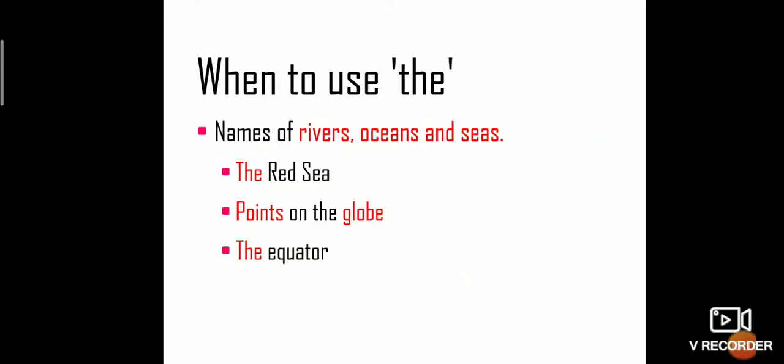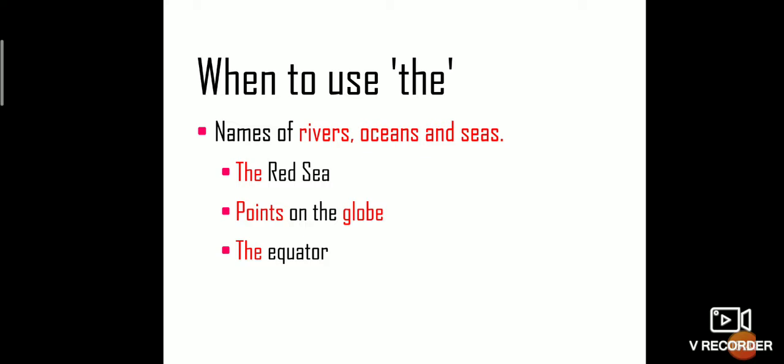Now, there are certain things where we use the, like the names of the rivers, the names of the oceans and seas. So always remember this, like the Red Sea, the Brahmaputra, the Jhelum, alright, the Ganga. So with the names of the rivers, we use the.